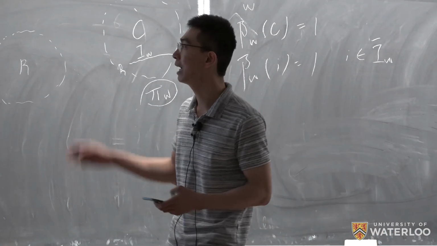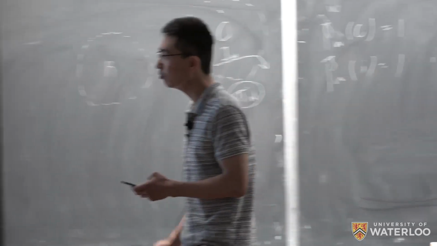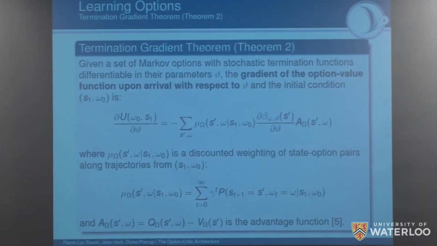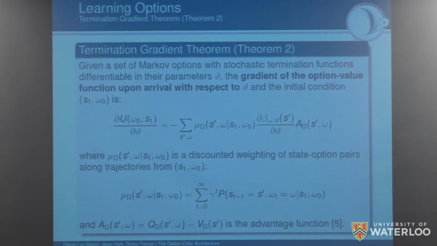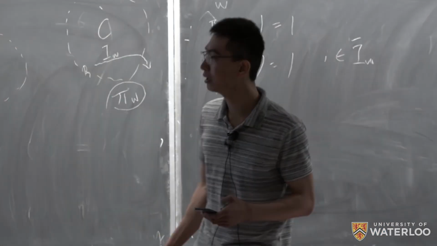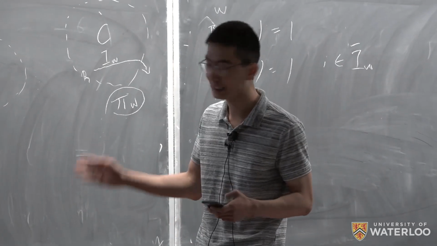We also have the advantage function in this equation, and its value can be calculated by the difference between the option value function and the value function for the next state.